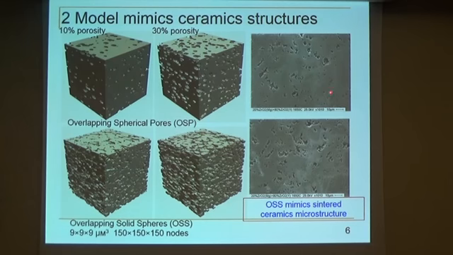And we can see that in reality we can find both morphologies: the one which we describe by overlapping spherical pores, which are the small ones, and overlapping solid spheres, which are the large ones. But taking into account that large pores maybe play a more crucial role, we can conclude that OSS mimics the sintered ceramics microstructure for these materials.